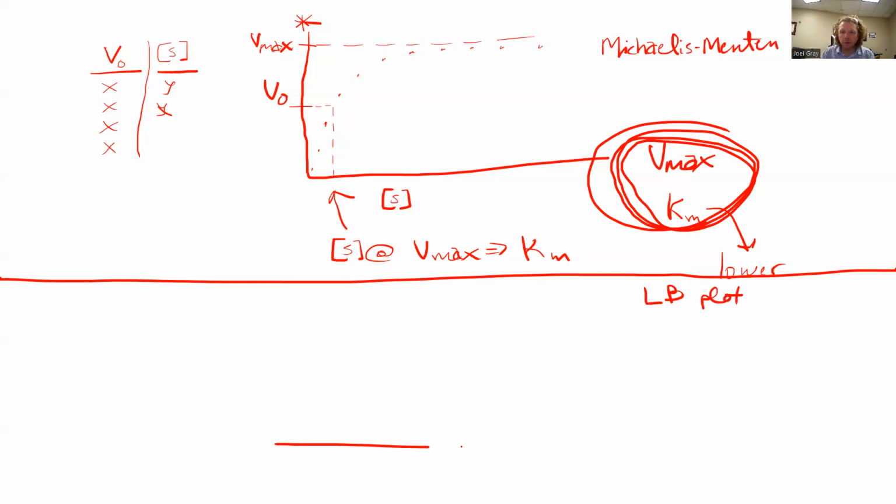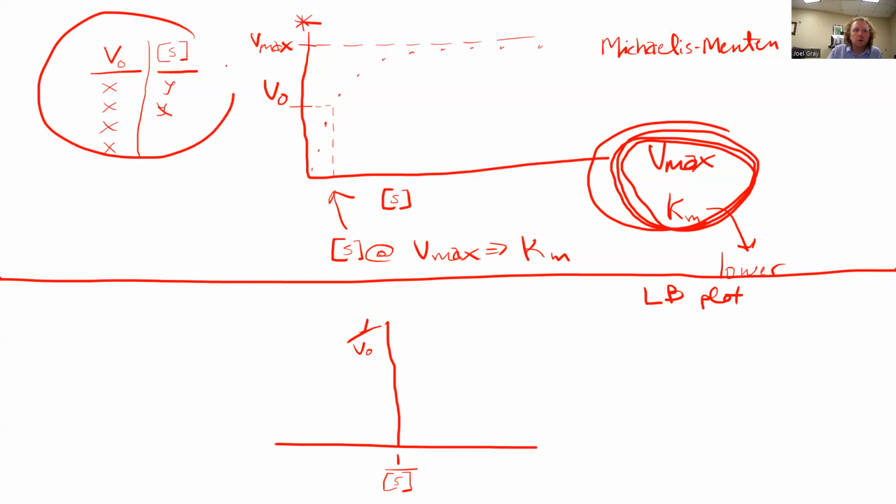In your Lineweaver-Burk double reciprocal plot will look a little bit like this. 1 over initial velocity versus 1 over substrate concentration. And so this data set that you have right here, all that you're going to do is take your initial velocity data points, and you're going to take the reciprocal of them.